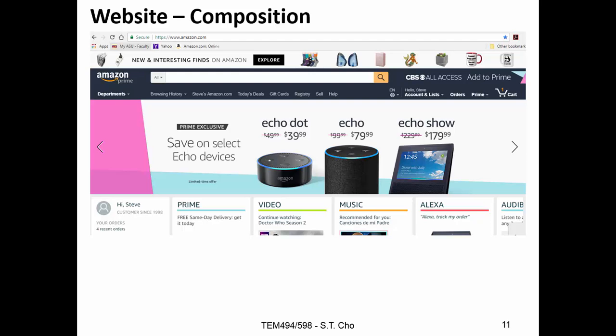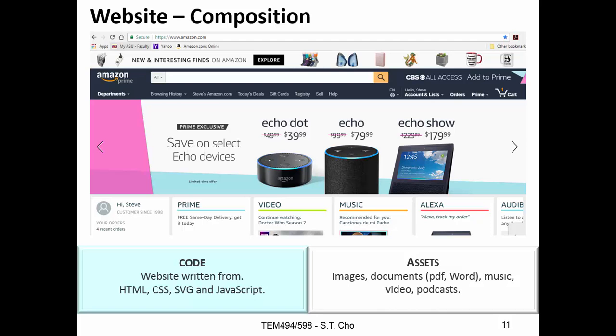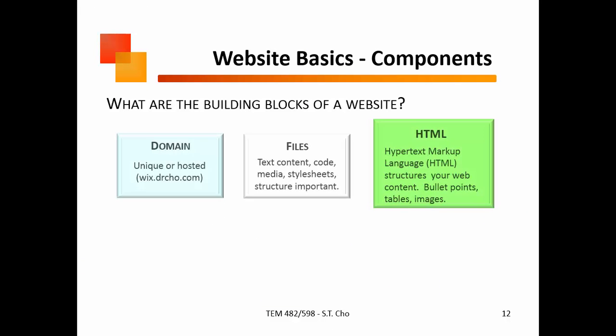The composition of websites. I think I'm going to quit here because it's not relevant to the rest of the conversation, but if you want to, you can look through it. But your composition, your websites, basically it's written from this kind of software. And your assets are your images, your documents, basically what defines your contents.